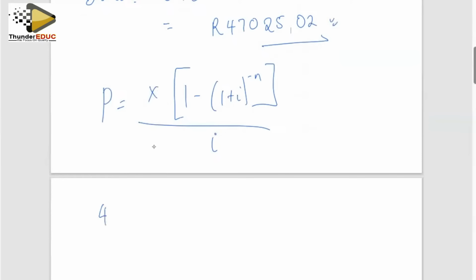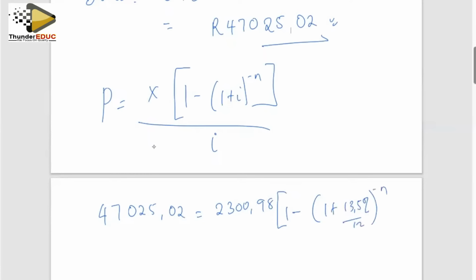So if that is 47025,02 is equal to the 2300,98, 1 minus 1 plus 13.5% over 12, this is negative n. I'm dividing this by 13.5% over 12.